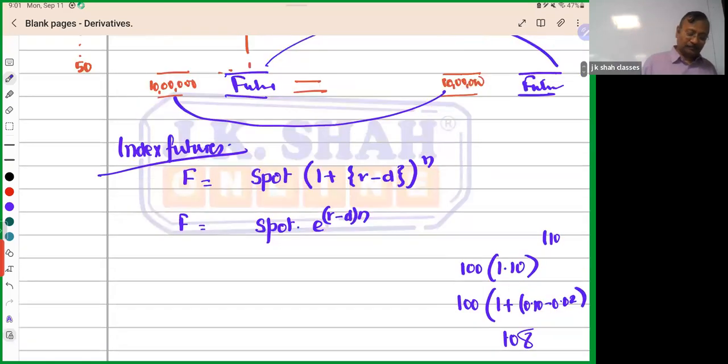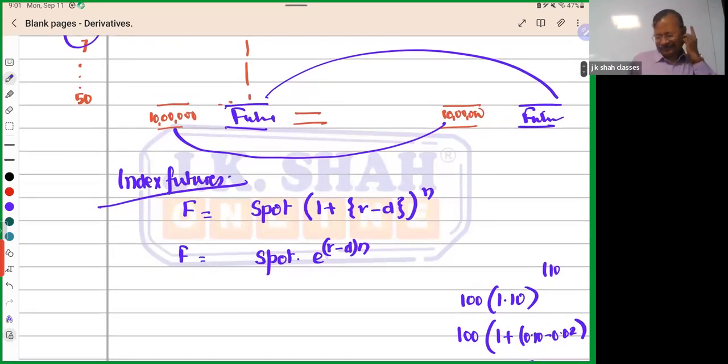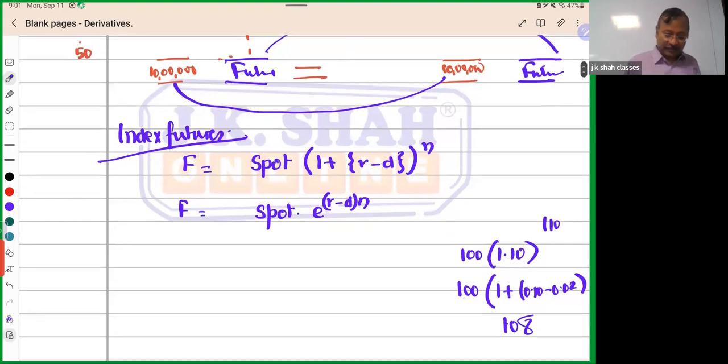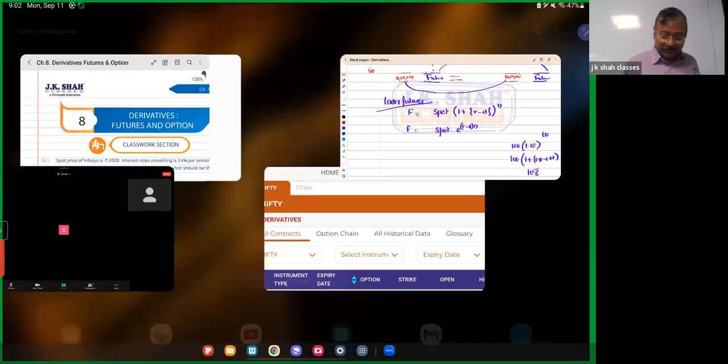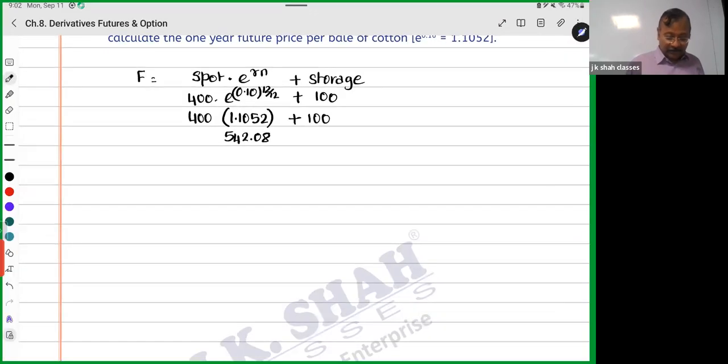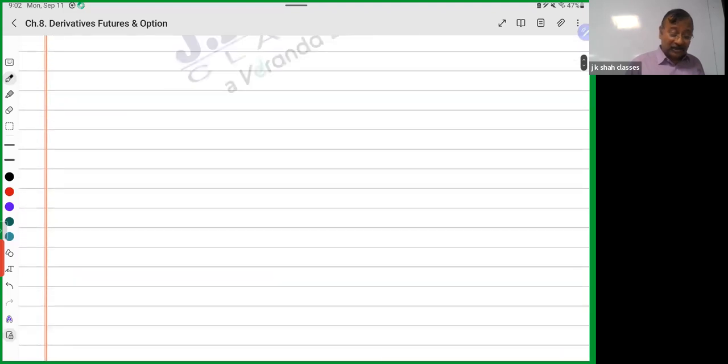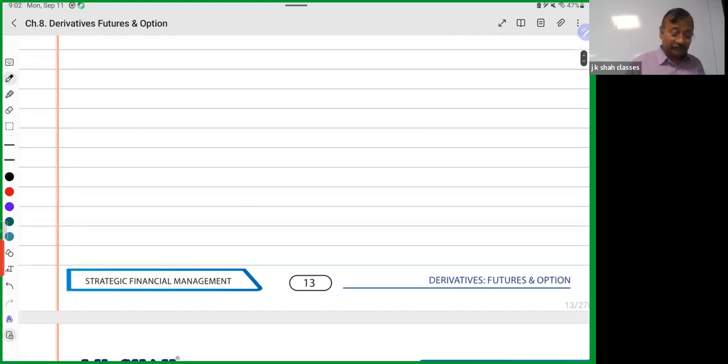Right now, let's ये क्वेश्चन नंबर 4 किया था ना लास्ट. Let's go to question number 3 now.